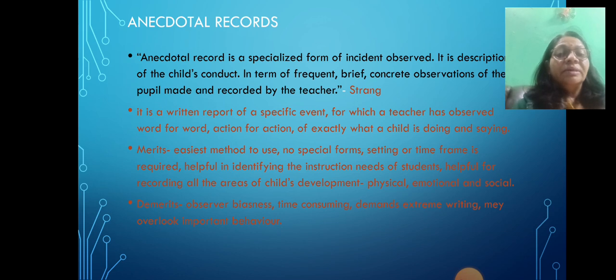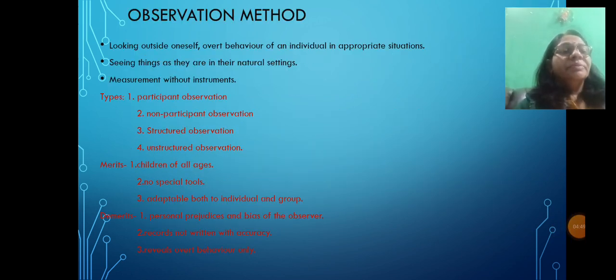It has merits: it is easy to use, no particular form is needed, no time frame is there, and it is helpful in finding the instructional needs of students. But there are also some demerits, like observer bias, it is more time consuming, it demands extensive writing, and it may overlook some errors.